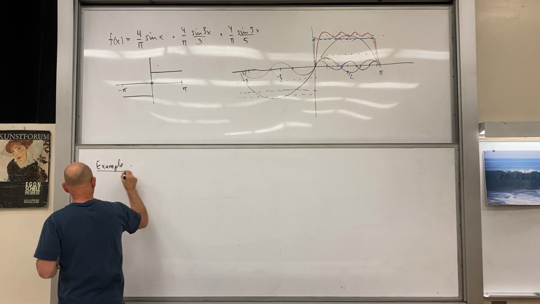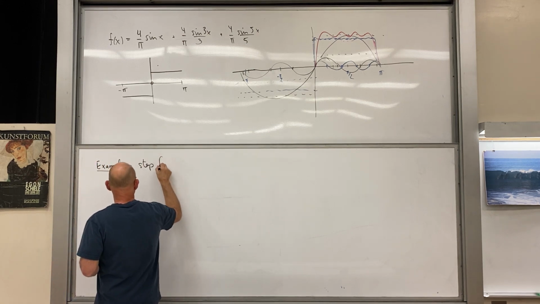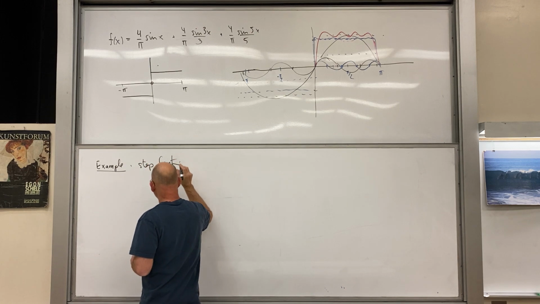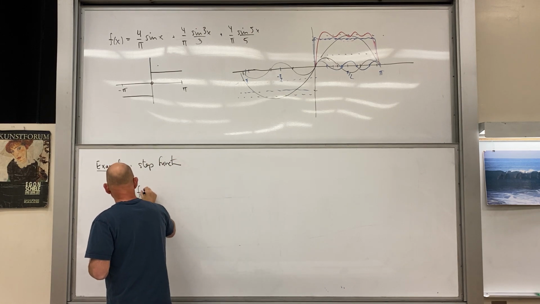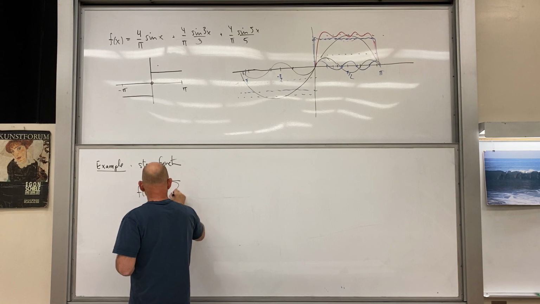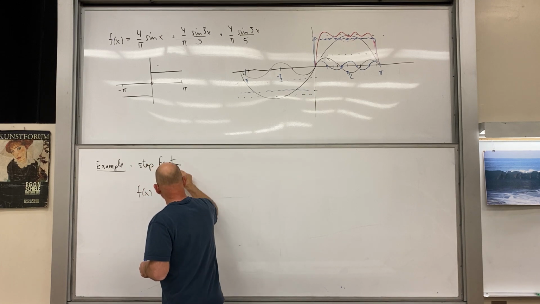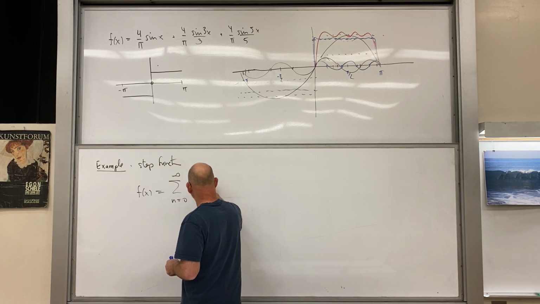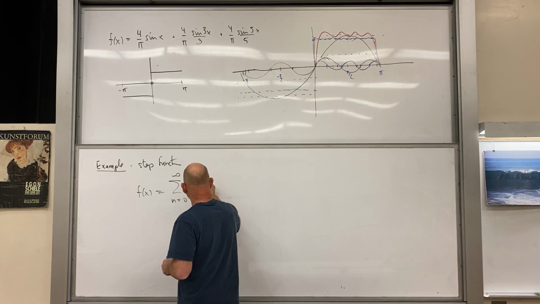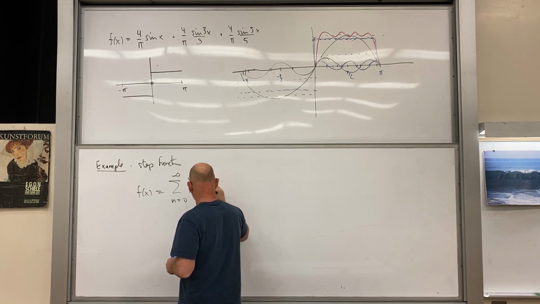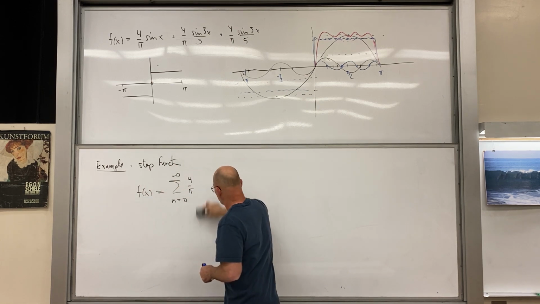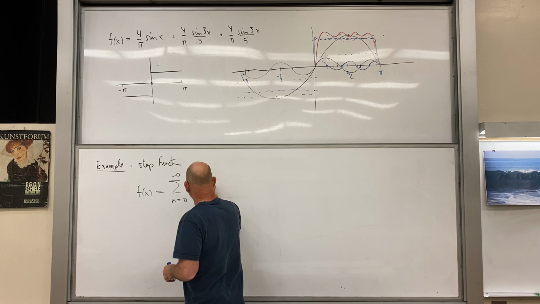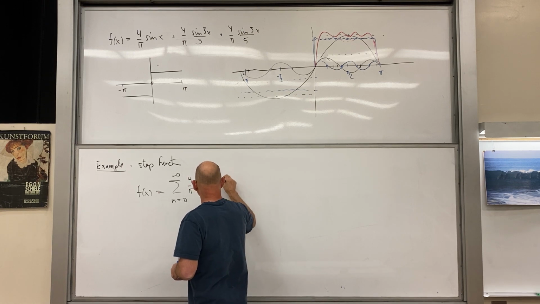So the step function that we could express as f of x is the sum over n from 0 to infinity of 4 over pi, sine of (2n plus 1) x, over 2n plus 1.